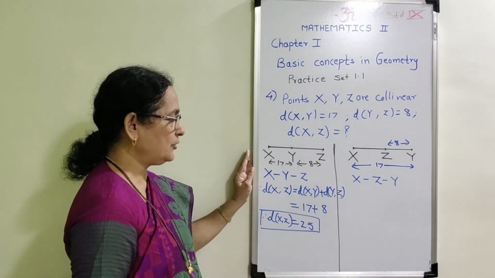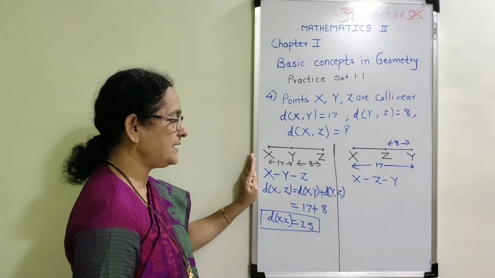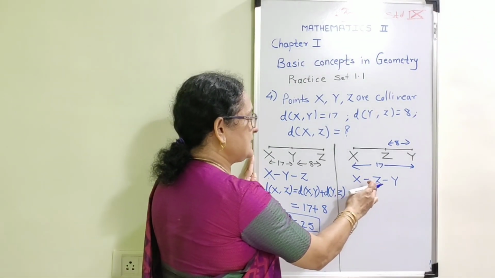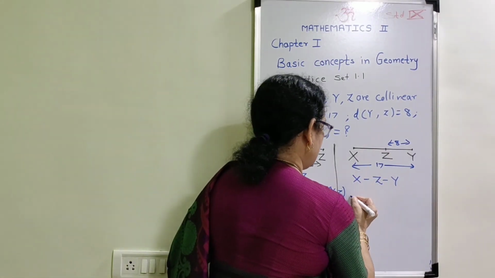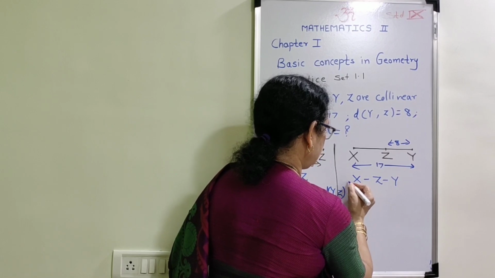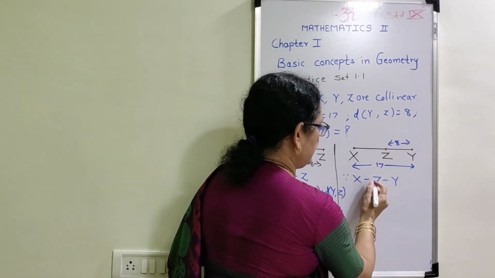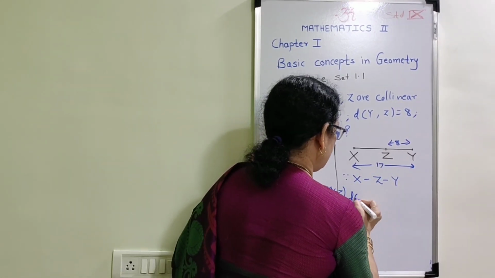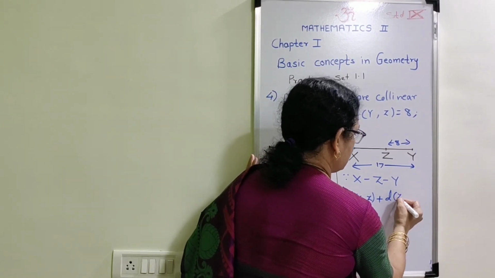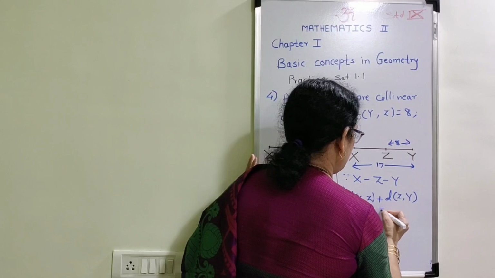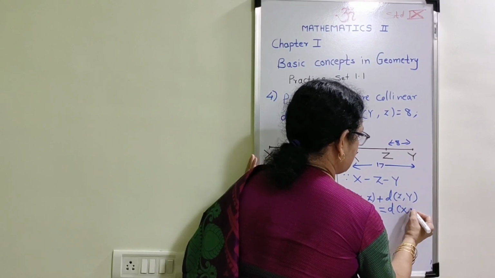Now I am going to find the second value of XZ when the betweenness is X-Z-Y. Here, since X-Z-Y, distance XZ plus distance ZY is equal to distance XY.